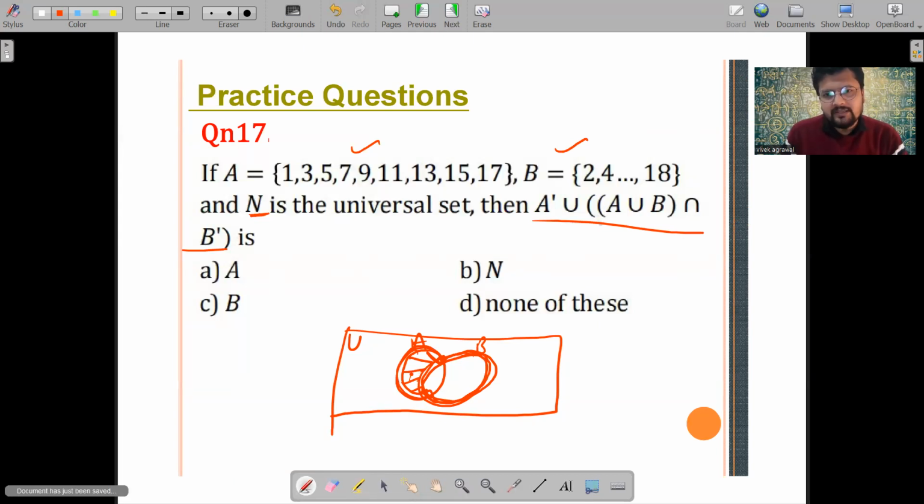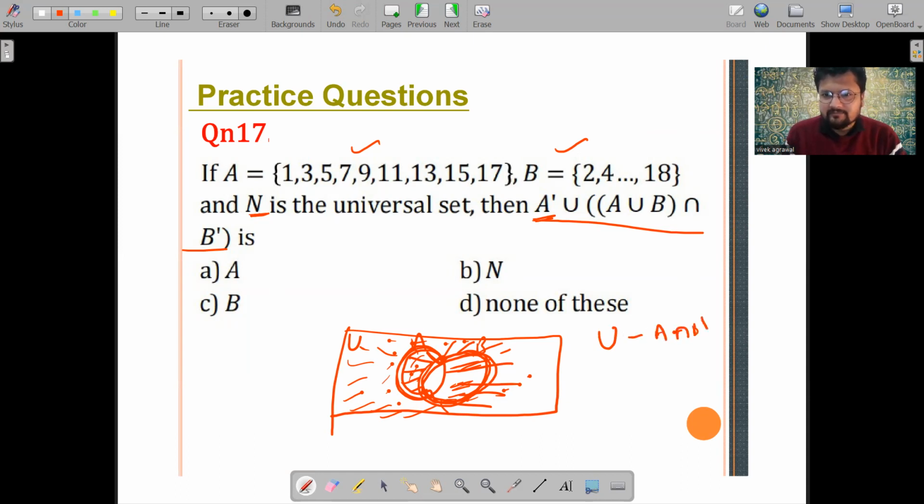Then we have to make the union of the same thing with A dash. So if I take the union of the same thing with A dash, and A dash is outside of this portion, right? If I combine this thing with the outside of this portion, that will be nothing but U minus A intersection B, right?